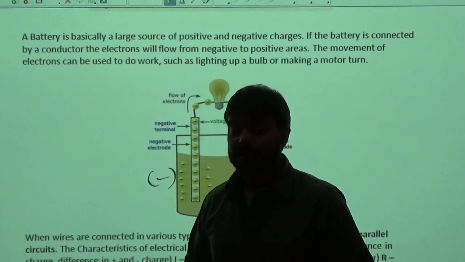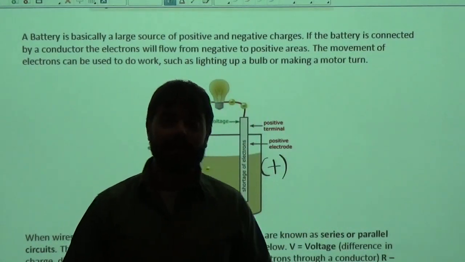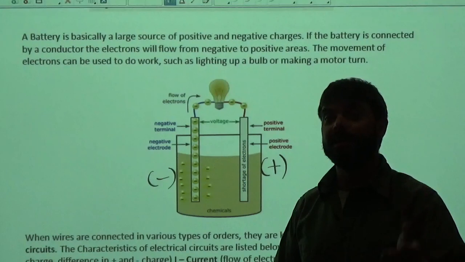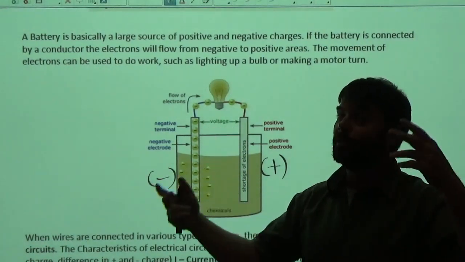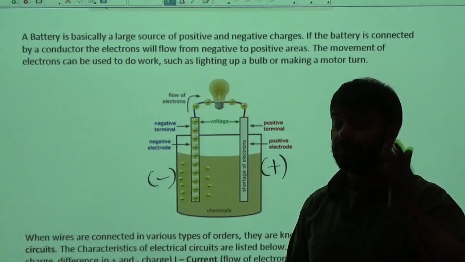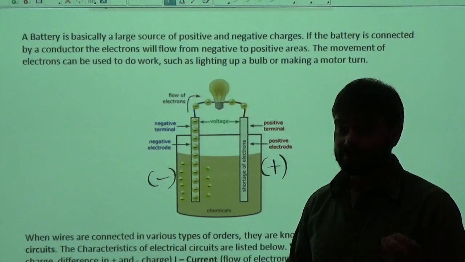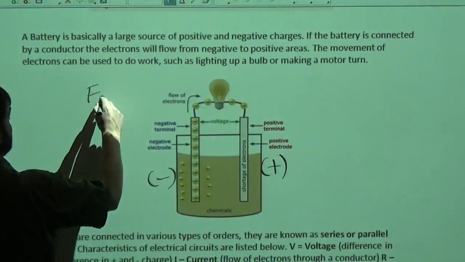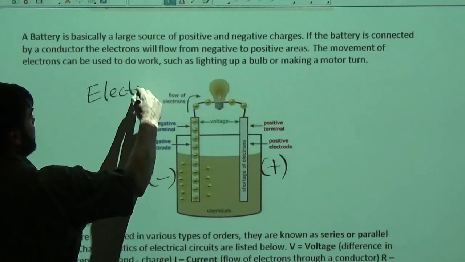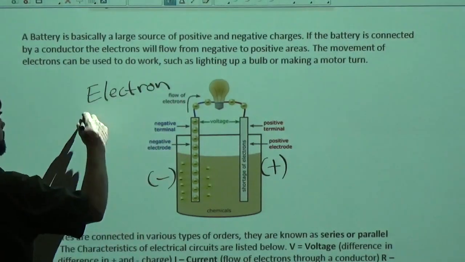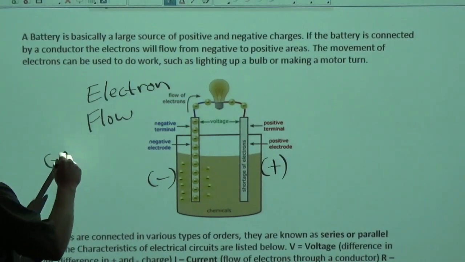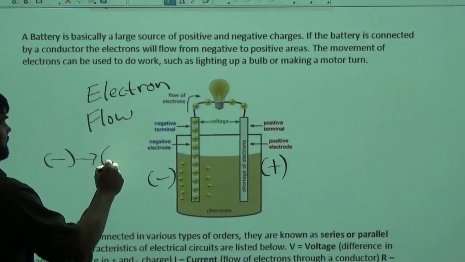It's confusing, and you will find in various sources that electrons or current flow in a given direction. Now, the reality is, if you're looking at the electron flow, and this is different than current because sometimes it's stated differently, the electron flow is always from negative to positive.